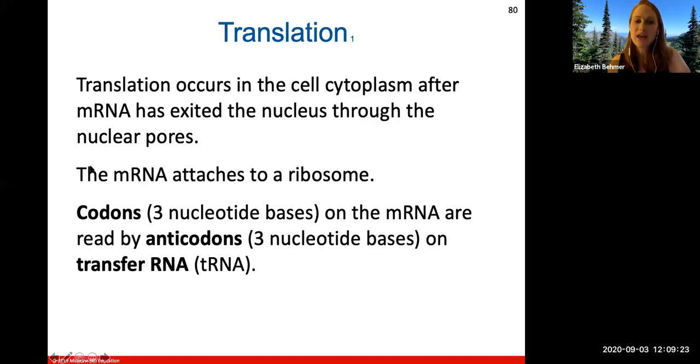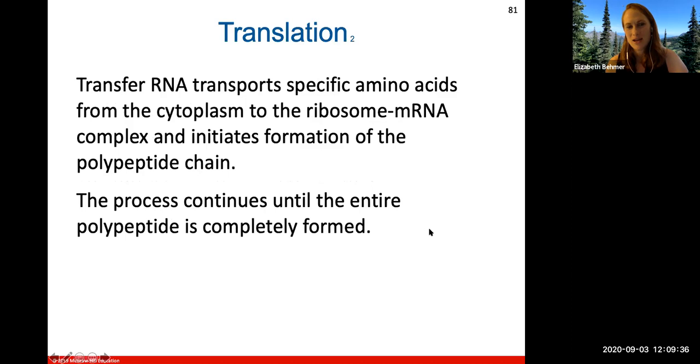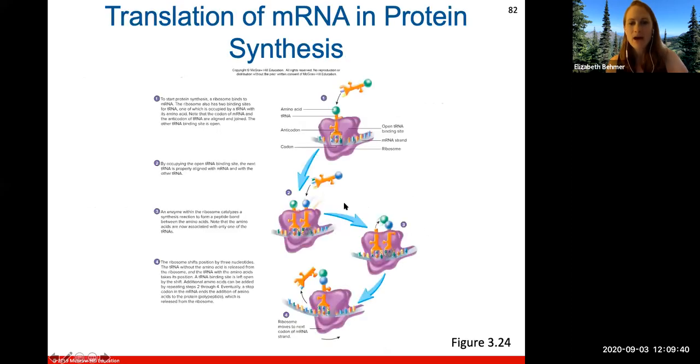So translation then, the mRNA will attach to a ribosome, and a codon on the mRNA will be read by an anticodon on the transfer RNA to create a protein. Hopefully we won't get into too much detail here. You guys don't need to know all this.